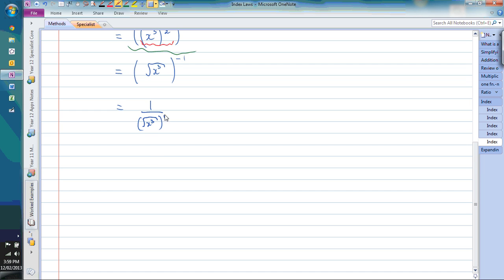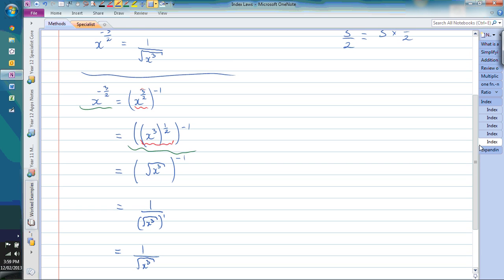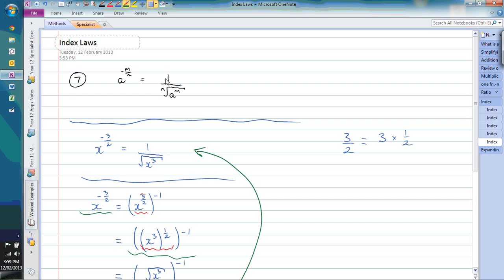Power of 1 is just the same, it doesn't change it, so I don't need this 1 here. I can write this as 1 on the square root of x cubed. And let's check. Yes, it's the same as what I got from doing it the shortcut method using this index law.